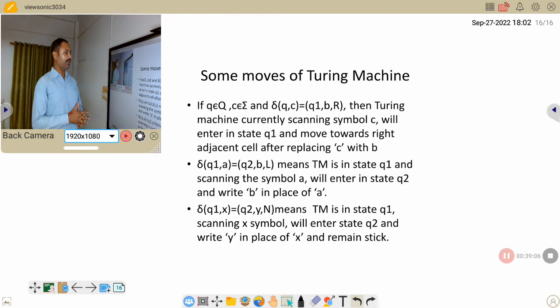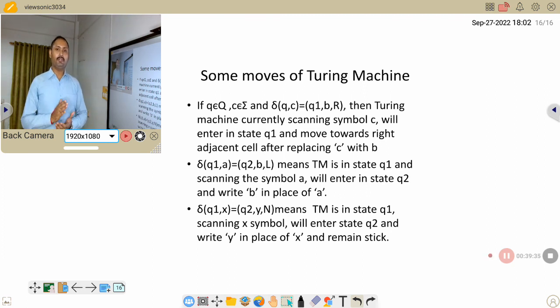So these are the basic operations which are performed by the Turing machine. A few things we have to remember. The first thing is that Turing machine has the highest power. It can accept all languages in the universe. So basically it will accept a recursively enumerable language and a recursive language also.